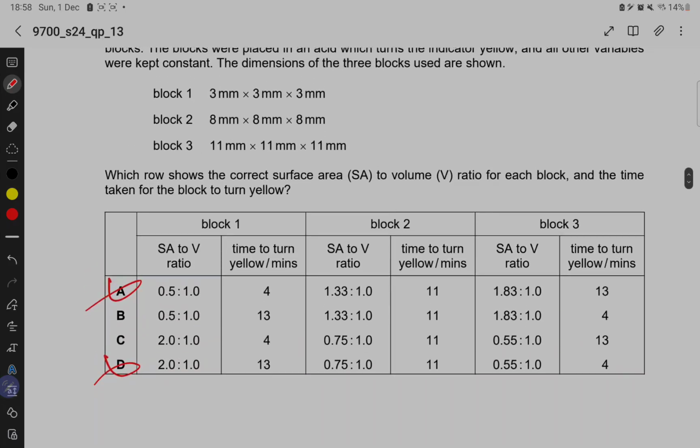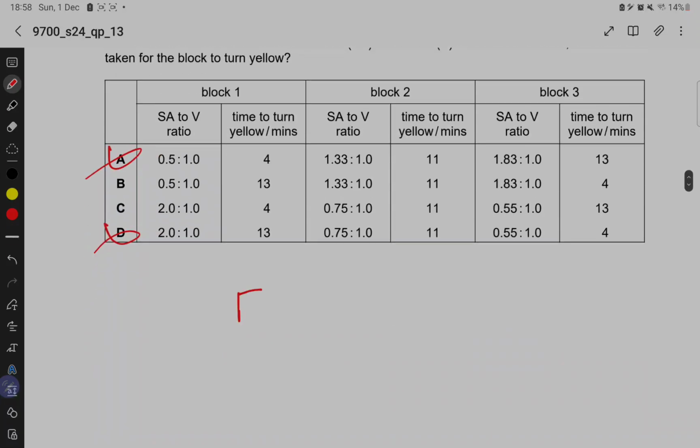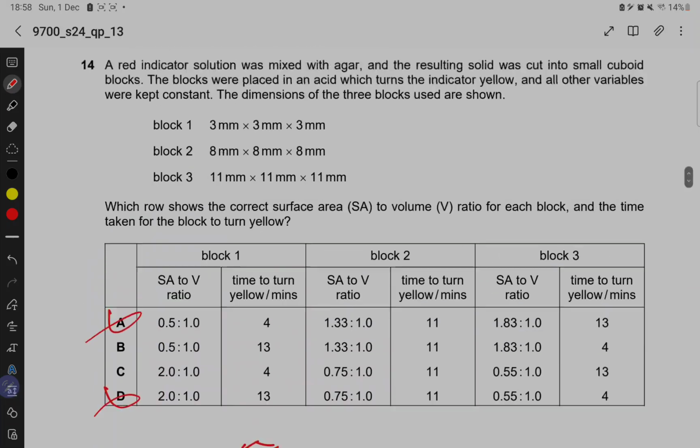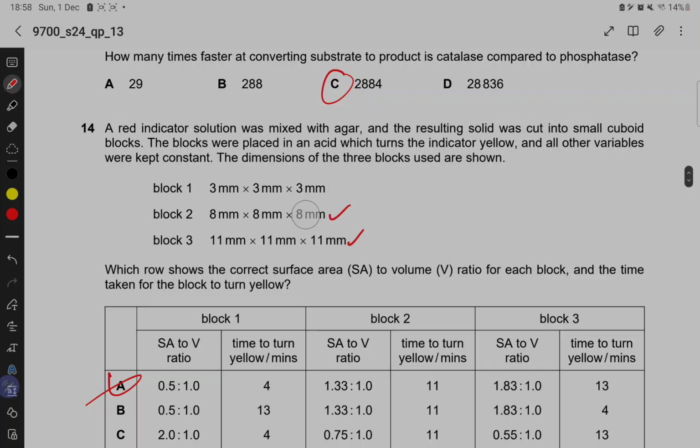A way you can easily see without having to actually calculate it, if you assume that all blocks are the same side length, like this, they are all the same length. All of them are 3, 3, 3, 8, 8, 8, 11, 11, 11.